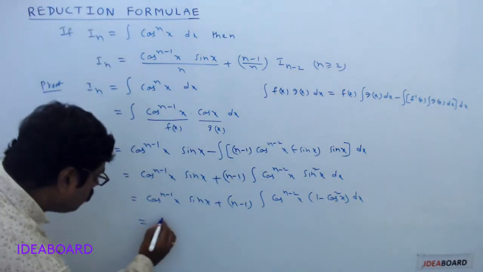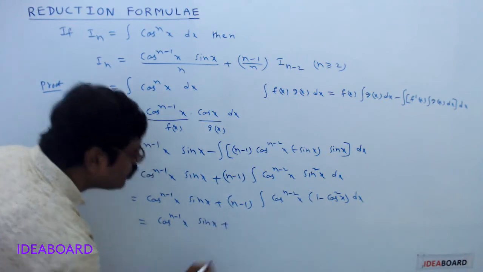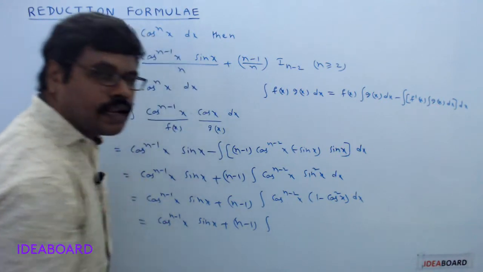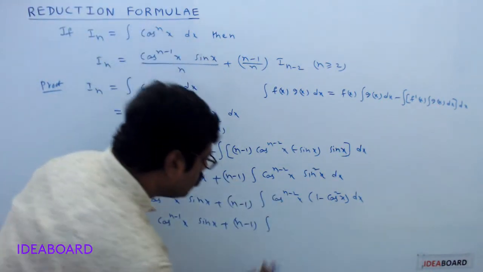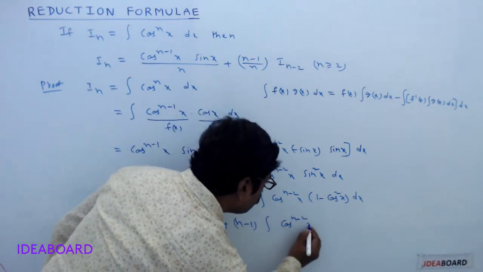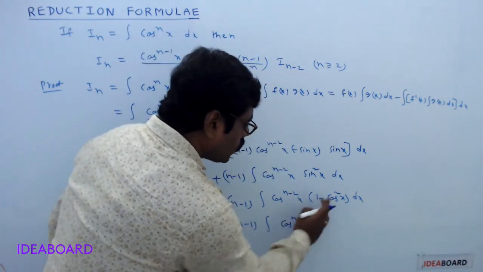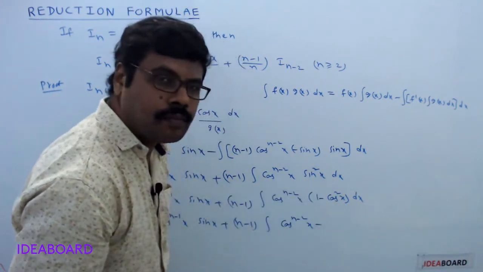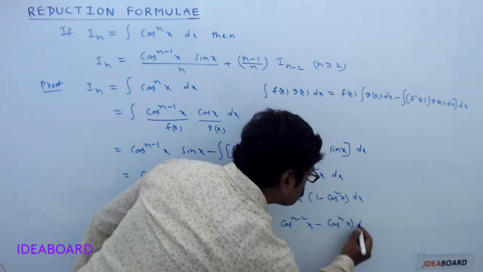Now this is cos power n minus 1 x into sin x plus n minus 1 into integral. Multiply these two terms with this function: cos power n minus 2 x into 1 gives cos power n minus 2 x, minus cos power n minus 2 x into cos square x. While multiplying these two functions the bases are equal, so you can add the corresponding powers, giving cos power n x dx.